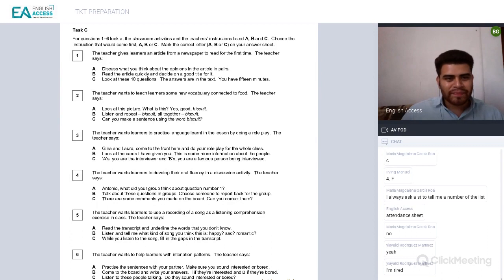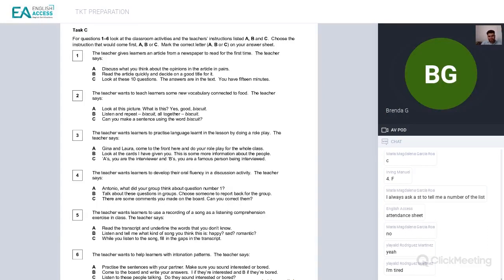Task C. For questions 1 to 6, look at the classroom activities and the teacher's instructions listed A, B, and C. Choose the instruction that would come first. Mark the correct letter, A, B, or C, on your answer sheet. Number 1.